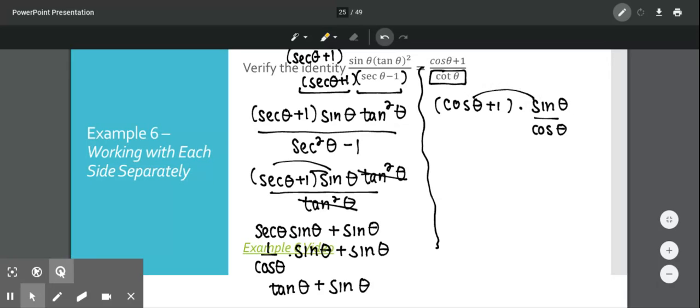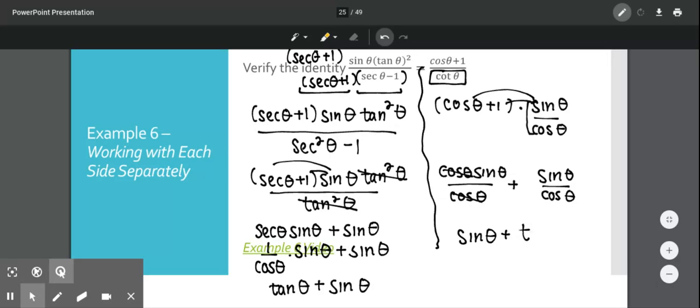And if you distribute, you get cosine theta sine theta over cosine theta plus sine theta over cosine theta, because we're distributing this whole quantity in. Your cosine theta simplify, and you're left with sine theta plus sine over cosine, which is tangent.